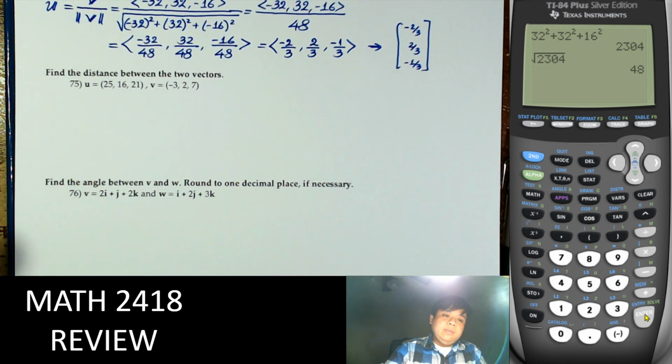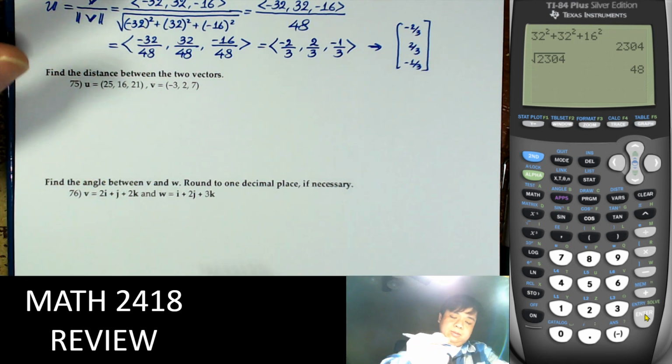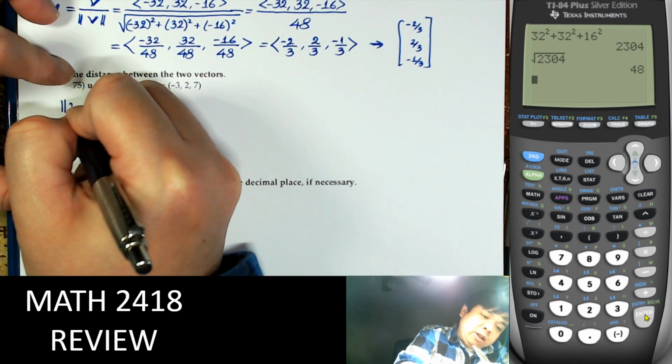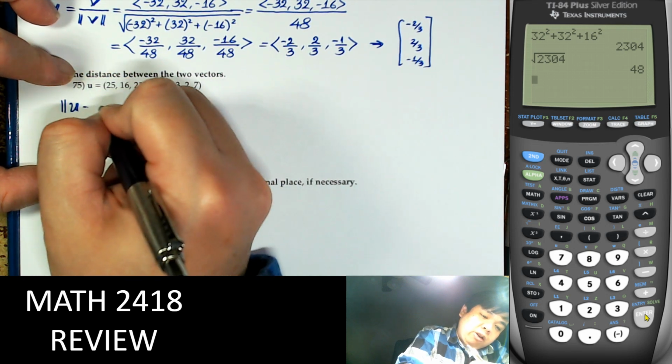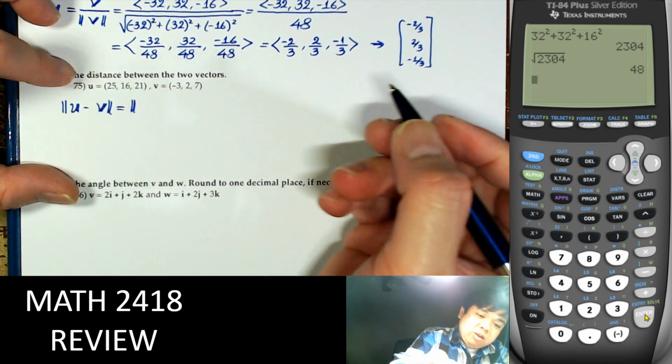Right. Next we find the distance between two vectors. So the distance between two vectors is given by just the norm, or the magnitude, or the length of the difference. So we just subtract them.